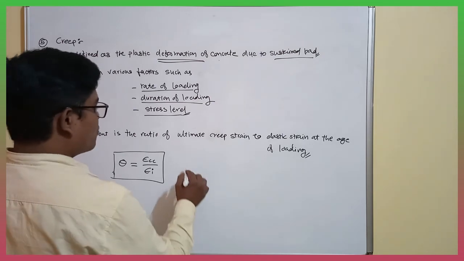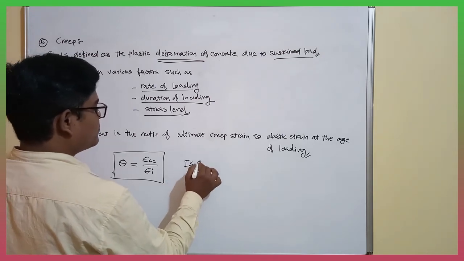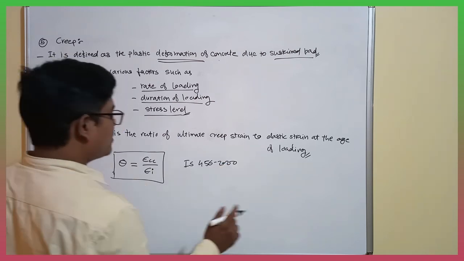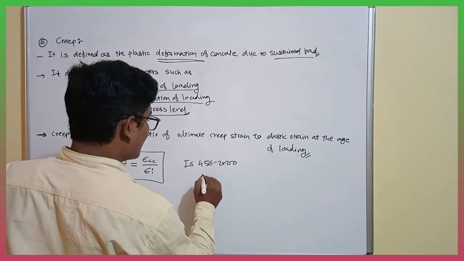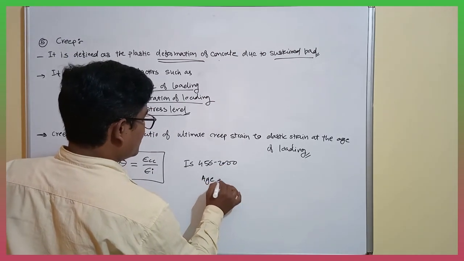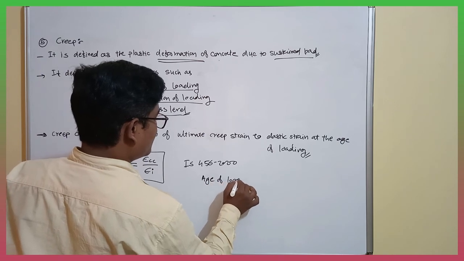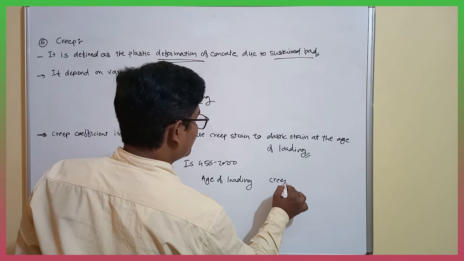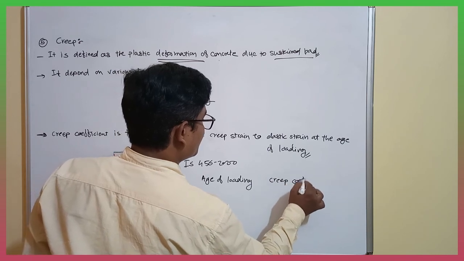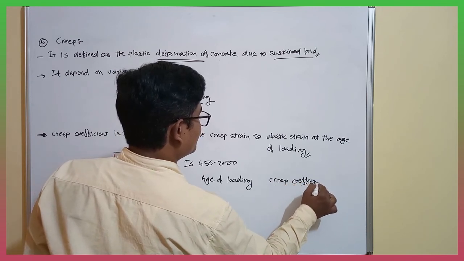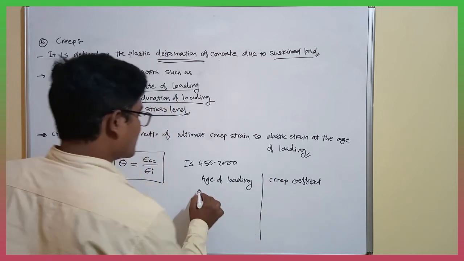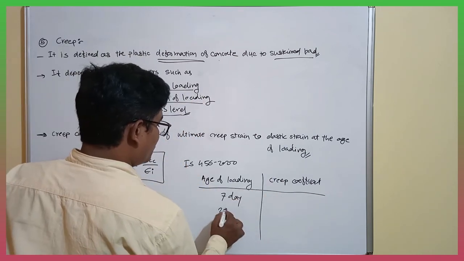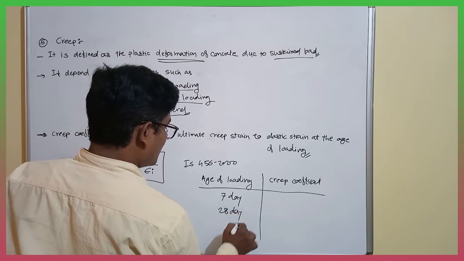So in IS 456/2000, one table is given: age of loading and creep coefficient. For 7 days, for 28 days, and 1 year.